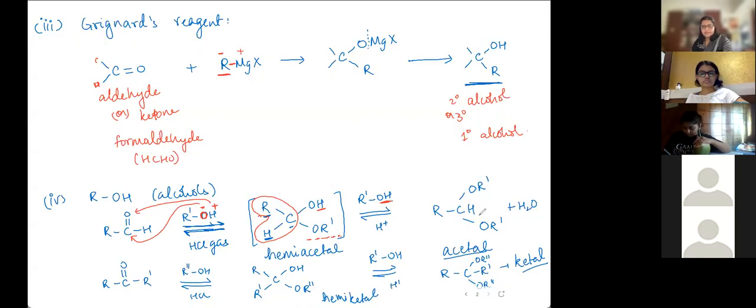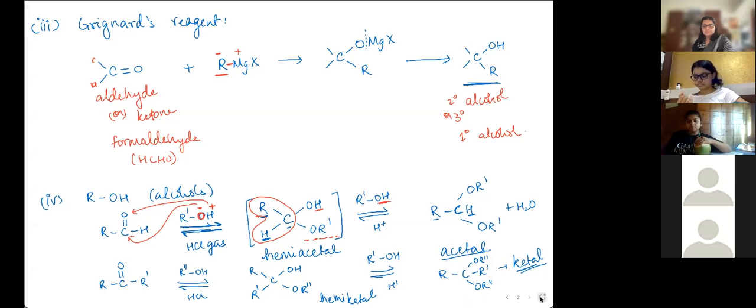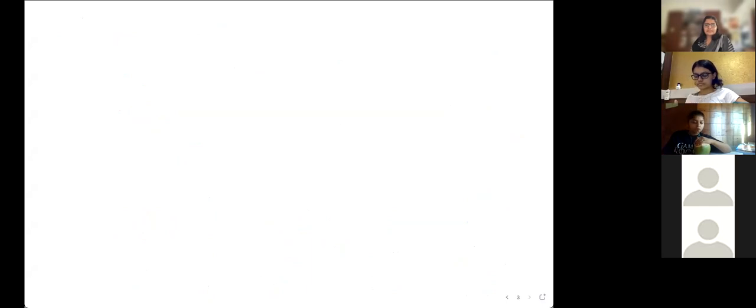So instead of a hydrogen here, if this central carbon is attached to two methyl groups, then you get a ketone. Okay. I'll give you guys a reaction. So let's take acetone, double bond O, and treat it with ethylene glycol.